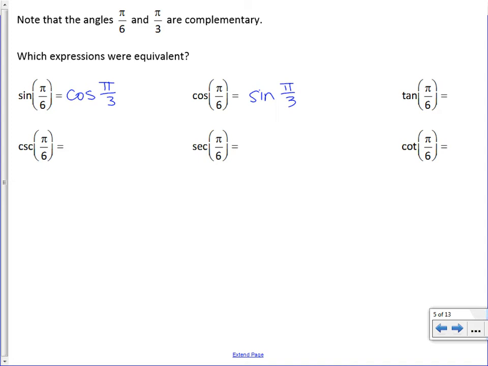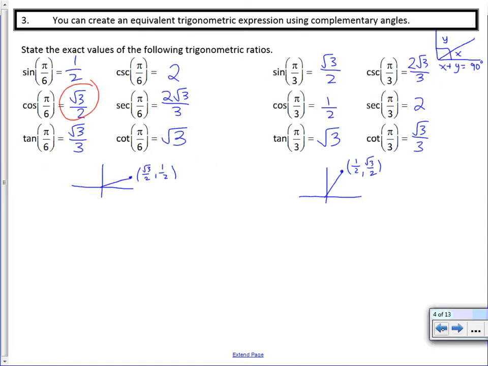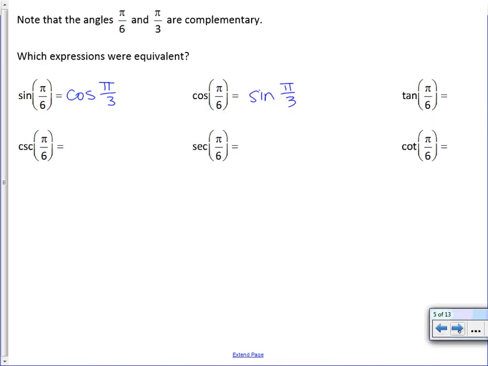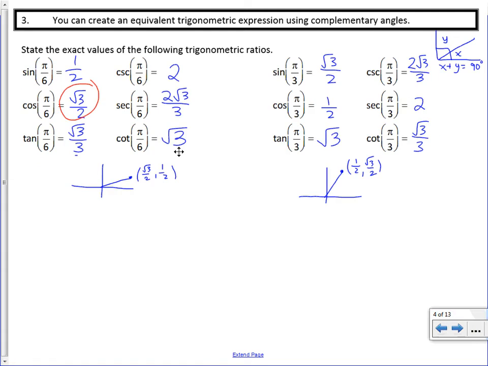Let's kind of do a U shape going this way. So let's go to tan next. Tan of pi over 6 is here. It matches up to cotan of pi over 3. Okay, now I want to go down. So let's do cotan pi over 6. Cotan pi over 6 is here.